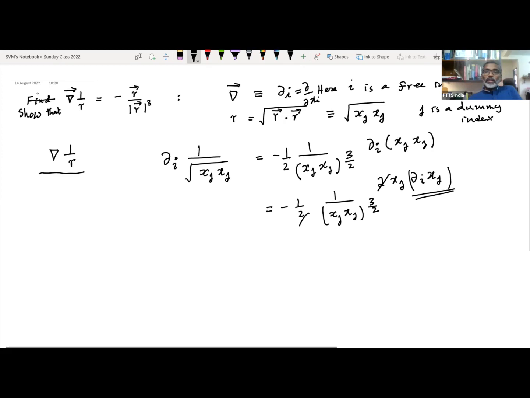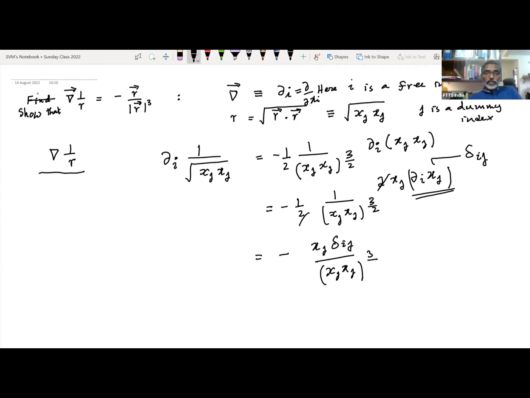So this quantity here in the bracket, whatever I have written, this quantity is delta ij. So that gives you minus xj delta ij divided by xj to the power 3 by 2.